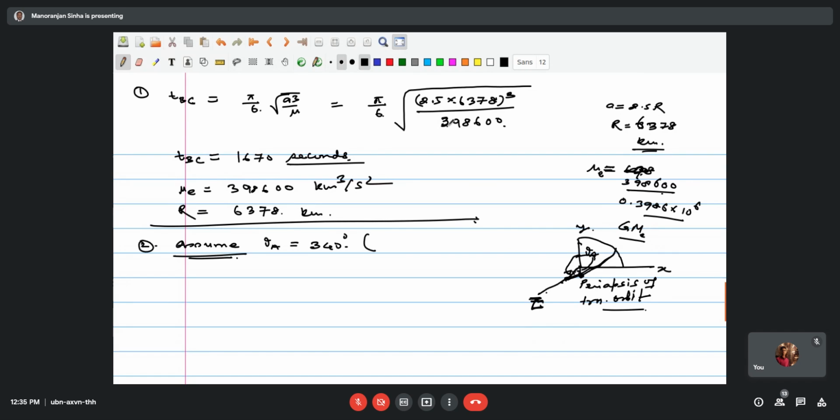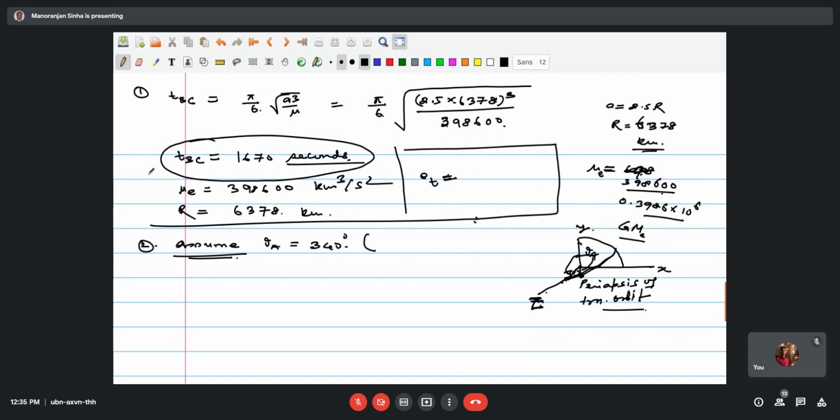Then you have to change it again, and ultimately you will get to the ET, the equation we have written. If you see that here the time of transfer is 1670 seconds. Now, if the time of transfer we are going to compute comes out larger than this, that means you have to send it in a faster orbit.